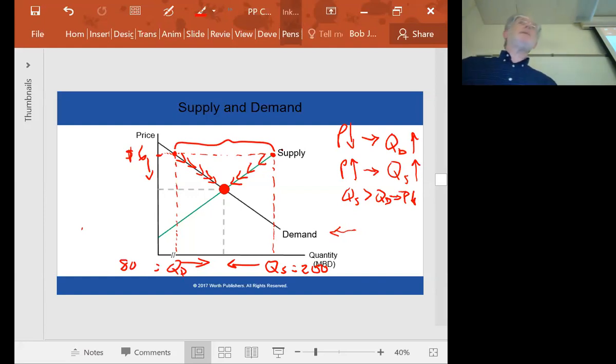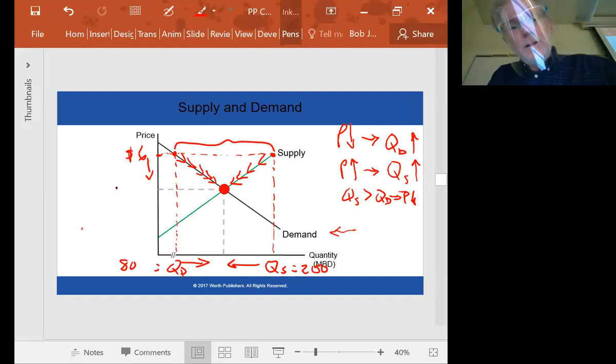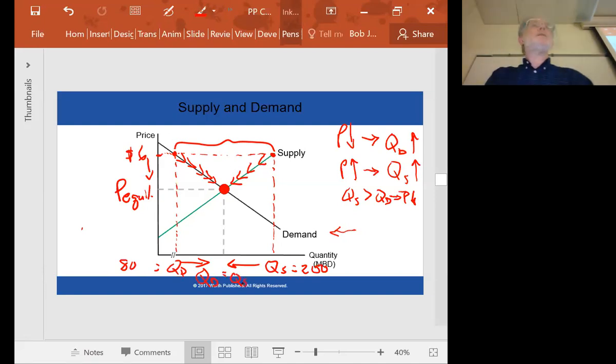It's getting smaller, right? Because quantity demanded and quantity supplied are getting closer together. And once we get to the equilibrium, which will always be at the intersection, then quantity demanded and quantity supplied will be exactly the same.